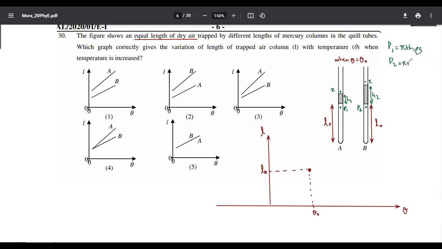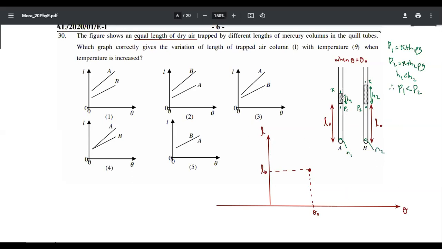P2 is equal to P naught plus h2 rho g. h1 is smaller than h2. So P1 is smaller than P2. Agreed. Okay, fine. But the problem is they have not mentioned the number of moles, people. Number of moles here, n1, number of moles n2. That's the problem in this question.